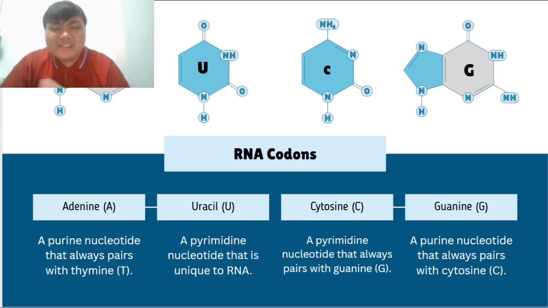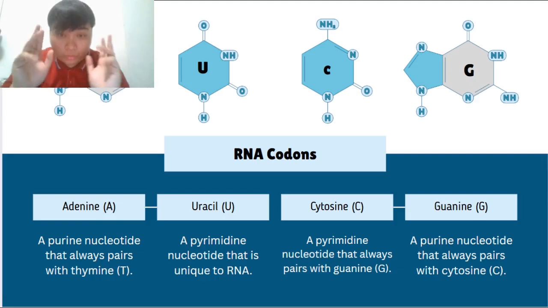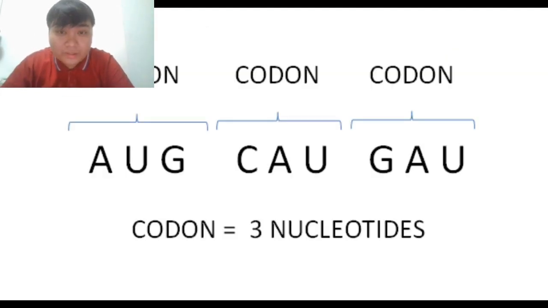So, these letters, A, U, C, and G, are RNA nucleotides. They form words made of three letters each, which are called your codons, as you heard earlier. AUG, what is AUG again? Yes, of course, your start codon.